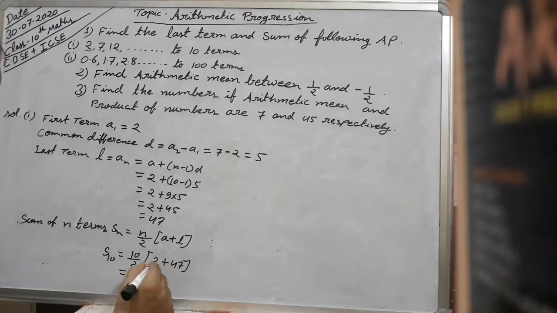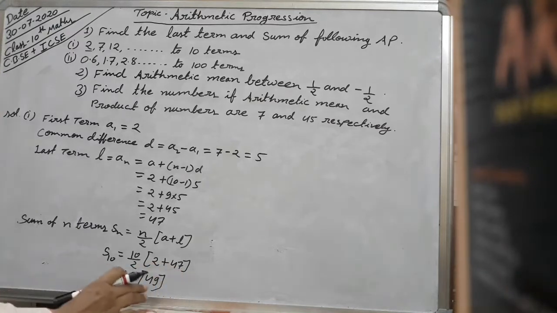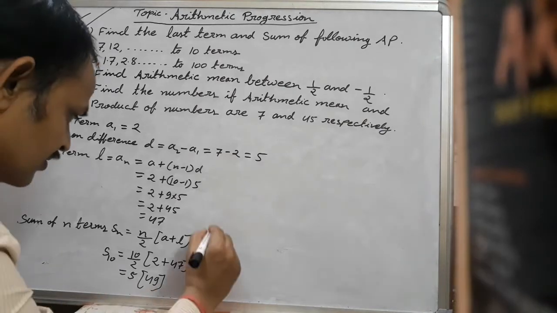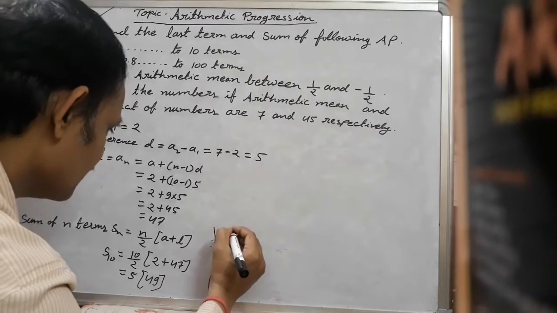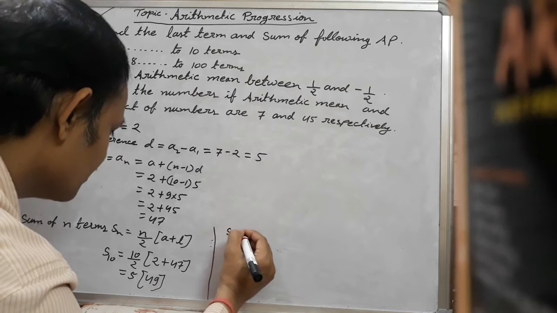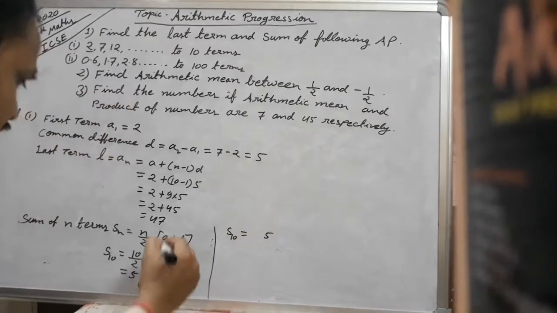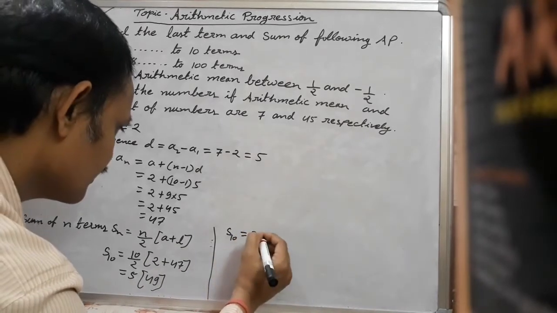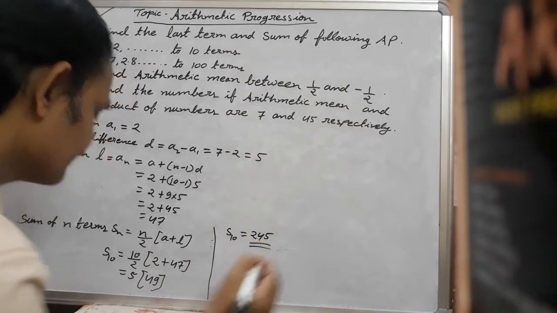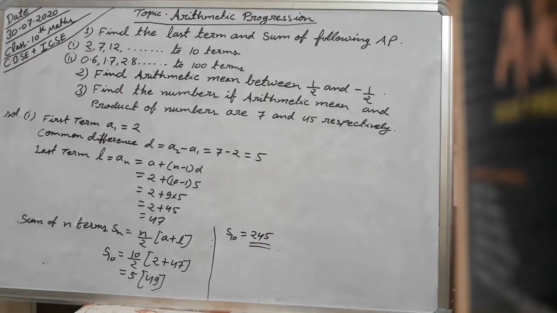And here 47 plus 2, 49. Multiply 49 by 5. 5 9s are 45, 245. Okay.